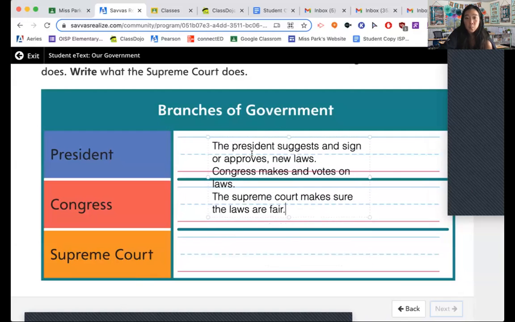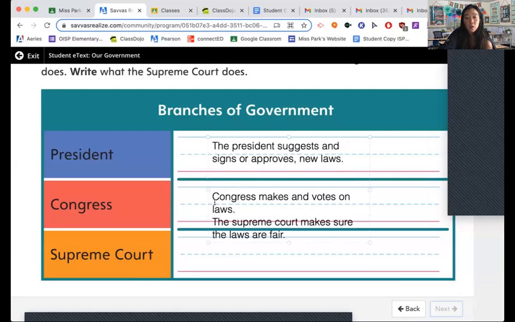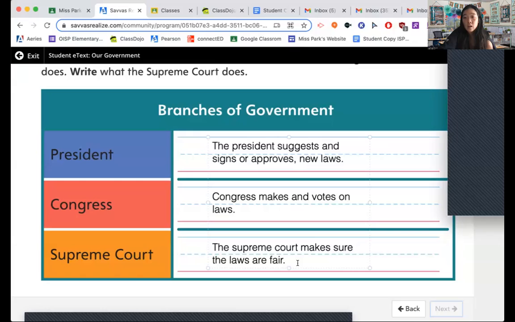So the president suggests and signs or approves new laws. Congress makes and votes on the laws, and the Supreme Court makes sure that laws are fair. Okay, so that's what you guys are going to do. If you need more time, it's in the chat. And then if you're on YouTube, you can pause the video and write that down.